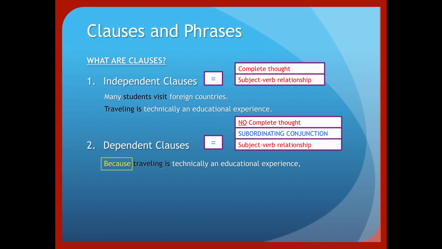The dependent clause must be connected to an independent clause in order to create a sentence with a complete thought. Another difference between an independent and dependent clause is the main subject and verb are always located in the independent clause. A list of subordinating conjunctions is at the end of this video.